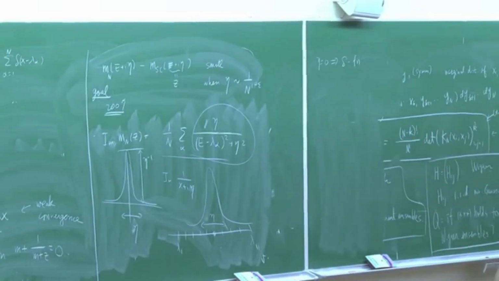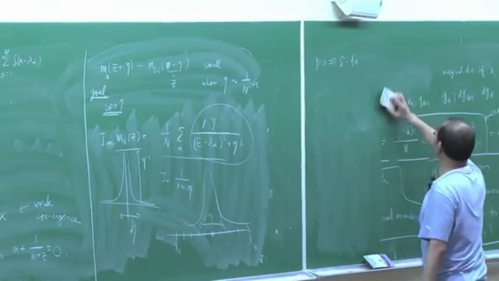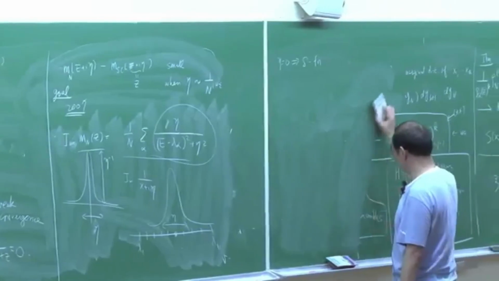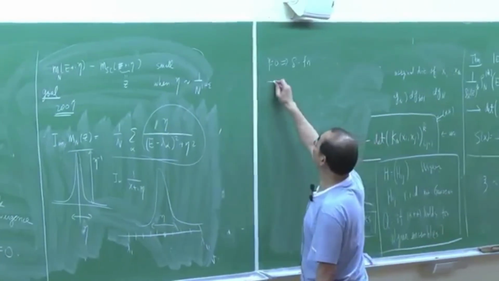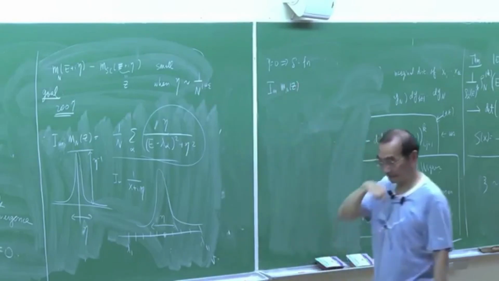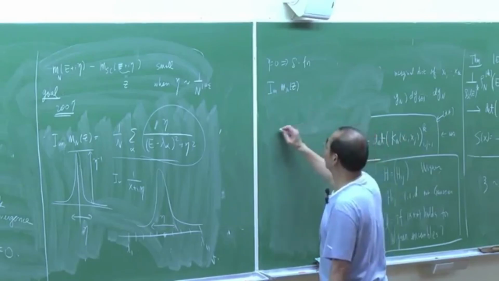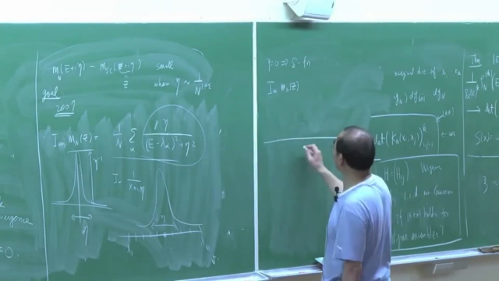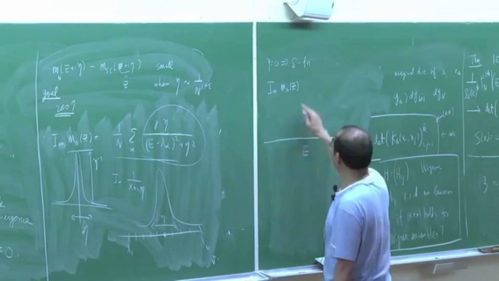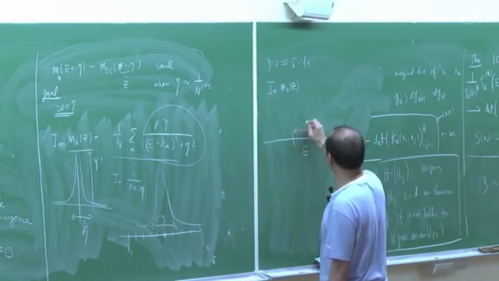All right. So now this quantity, the imaginary part of m_n(z), roughly speaking, you take energy E, and then you take a window eta.